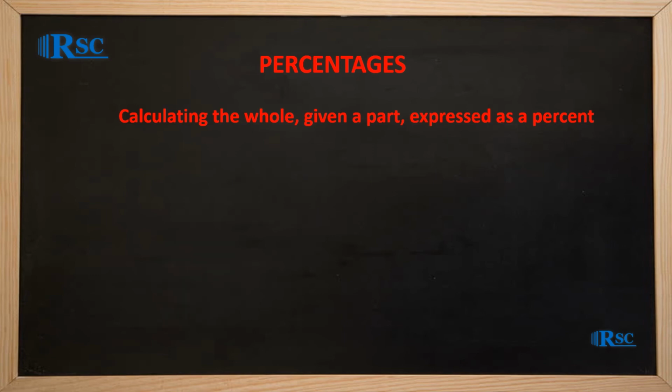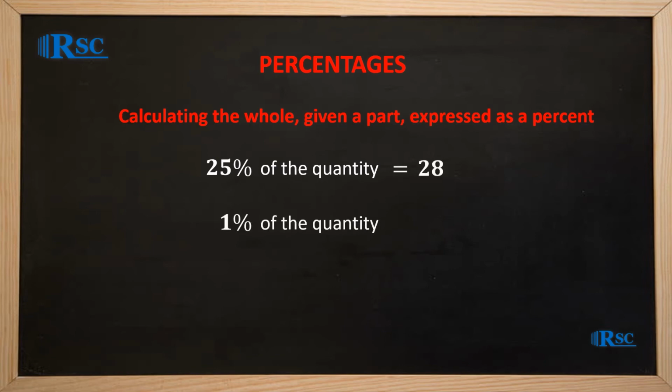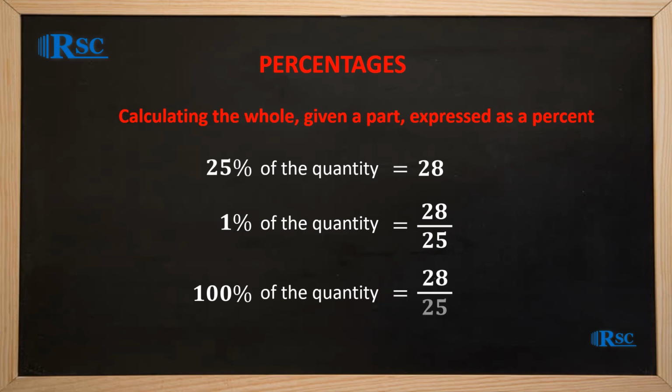Solution. 25% of the quantity is equal to 28. Therefore, 1% of the quantity is equal to 28 over 25. 100% of the quantity, therefore, is equal to 28 over 25 multiplied by 100, which gives us 112.